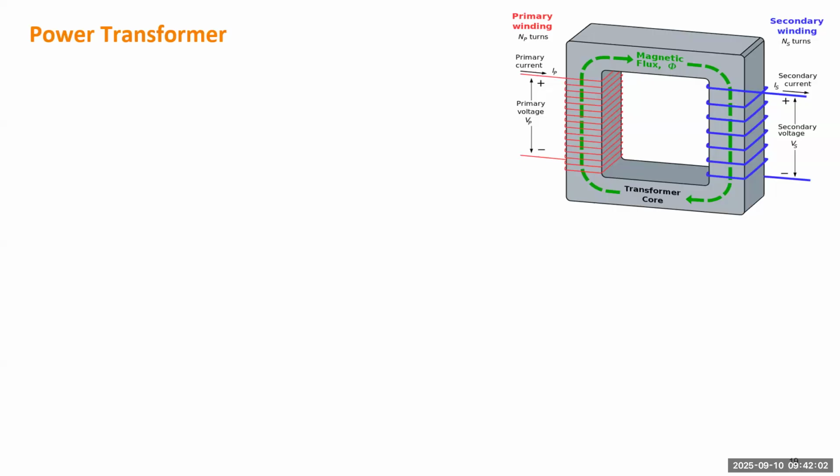Like if you have a generator which generates electricity at, for instance, maybe 30 kV, not very high, but when it's connected to the transmission grid, you need to utilize a step up transformer to increase the voltage to a very high voltage, like 200, 345, 500 kV. So then you will need a step up transformer.